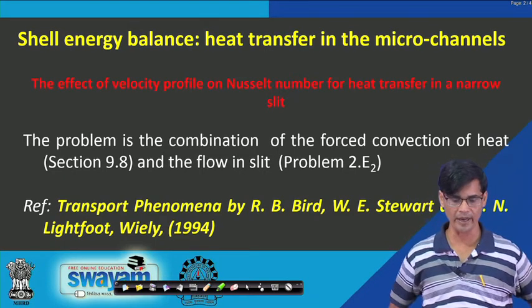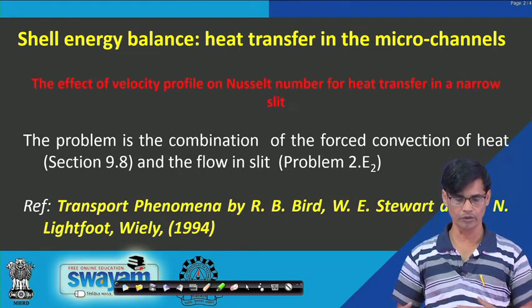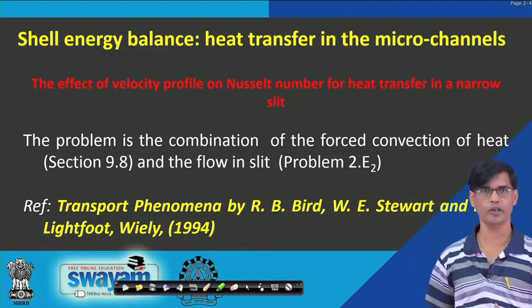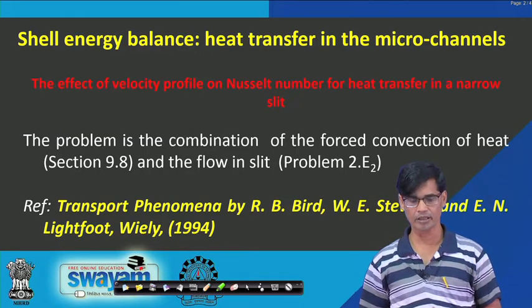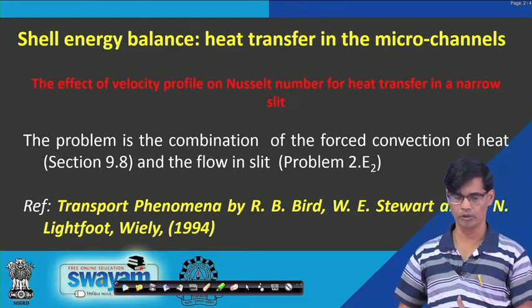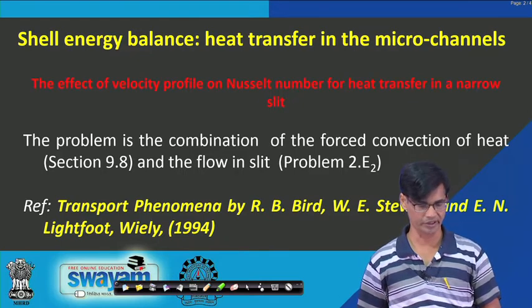And I have combined these two problems together to find out the consequence, what is the effect of velocity profile on the Nusselt number when there is a flow in the micro channel or narrow slit.